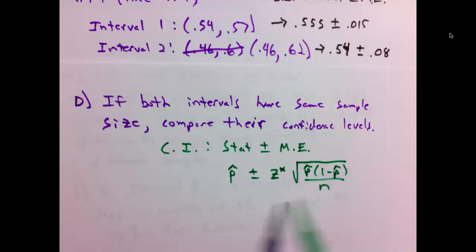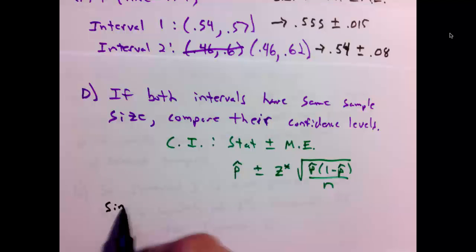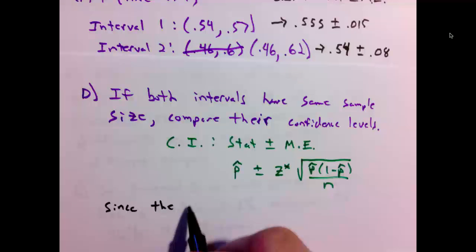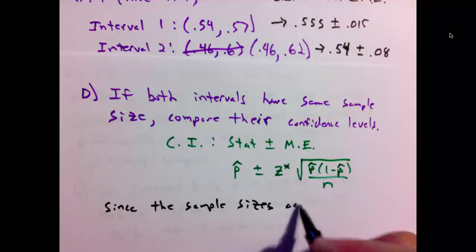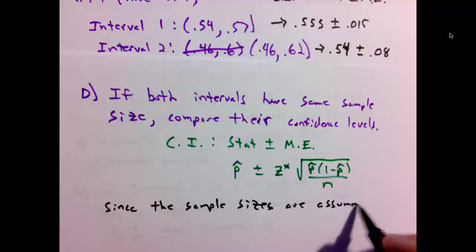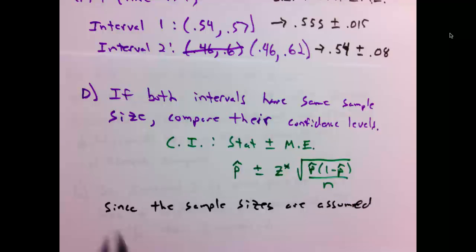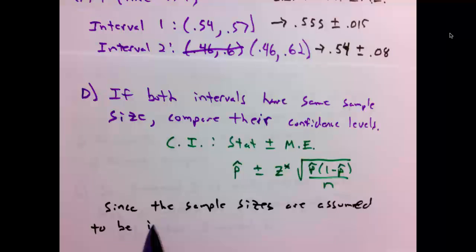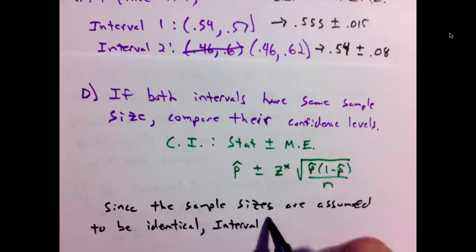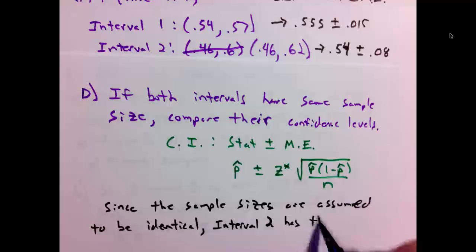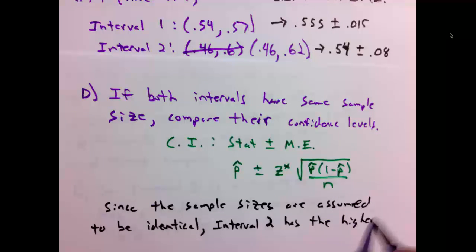So, given that the sample size is the same, since the sample sizes are assumed to be identical, interval 2 has the higher confidence level.